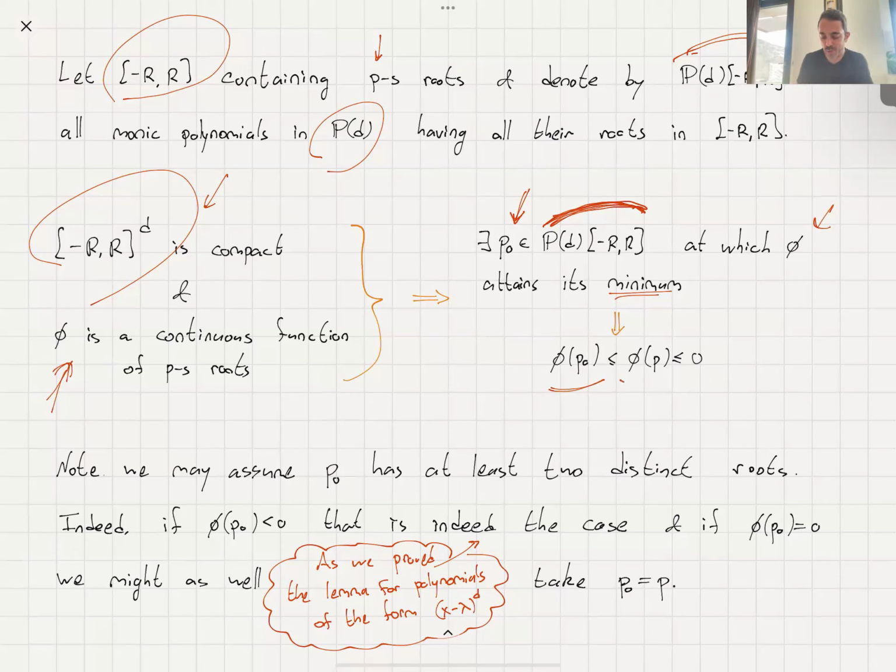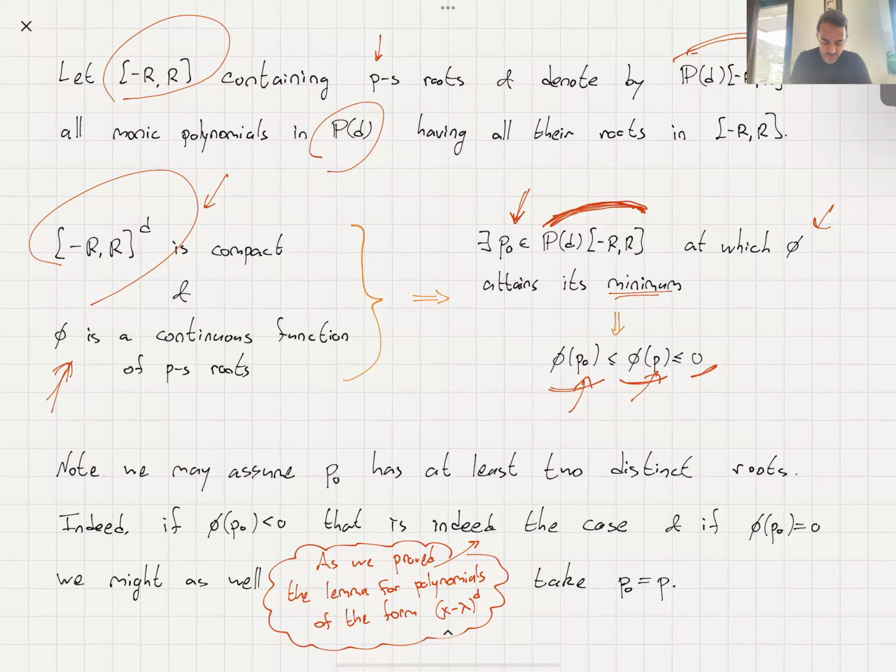In particular, it's smaller or equal than phi of p, which recall is non-positive by the contradicting assumption. Okay, so actually we work with p0, right? p was a polynomial we assumed exists by contradiction, but to get the contradiction, we'll actually move to p0 and work from there because it's a minimum. It has this property that we can contradict.